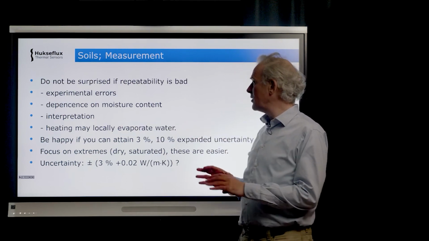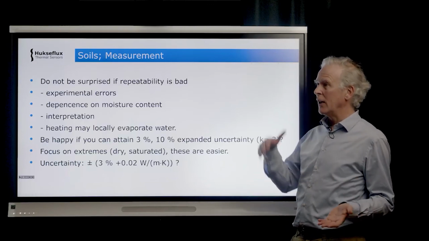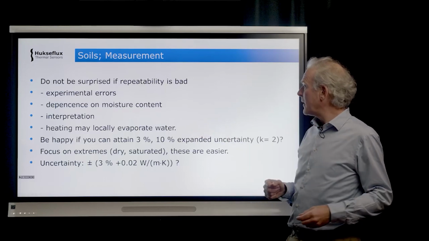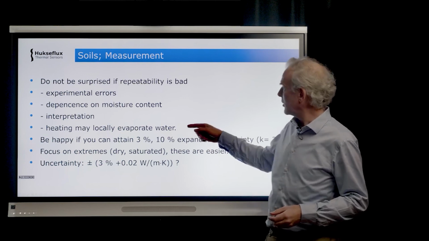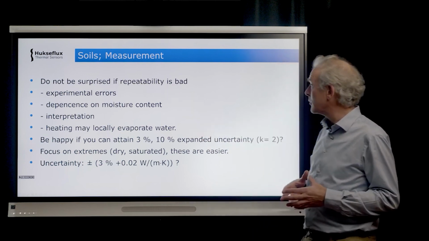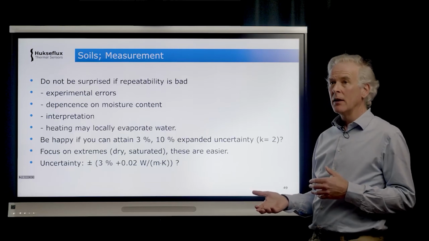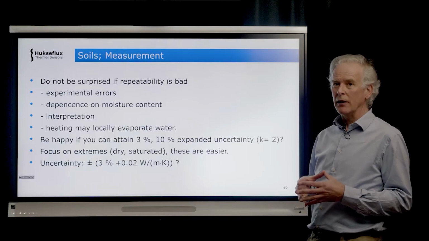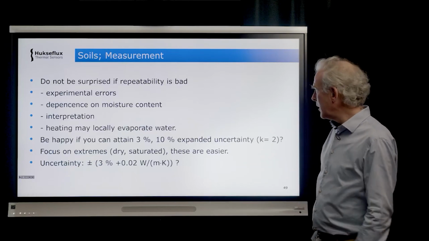And last but not least, if you have a soil that is not entirely dry and also not entirely saturated, then heating too much might mean local evaporation of water. That's an experimental error, of course, but please watch out for that. You can experiment by, for example, working at different heating power levels and looking if the result remains the same.